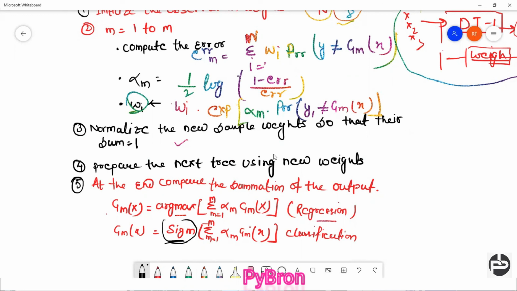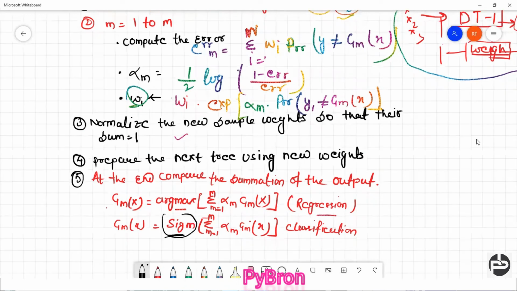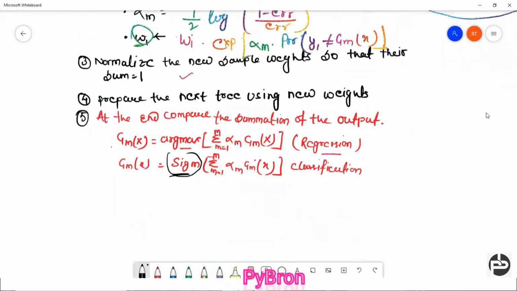If you are solving a multiple classification problem, then you can use the softmax function. How softmax works, we will see, don't worry. The softmax definition itself says e to the power x divided by the summation of e to the power x.